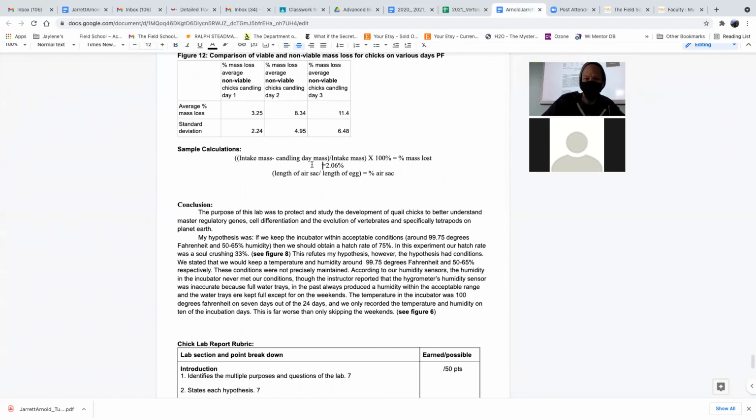So then I go over here and I make my formula. There's a minus, and there's a divided by, and there's a times 100%. Great. So now I go in there and I find those numbers.